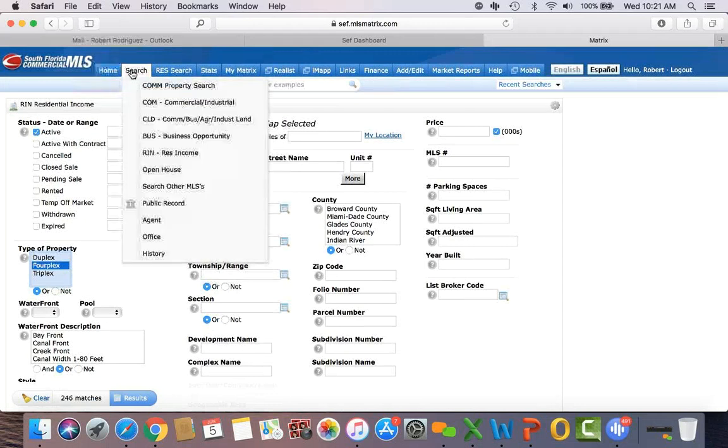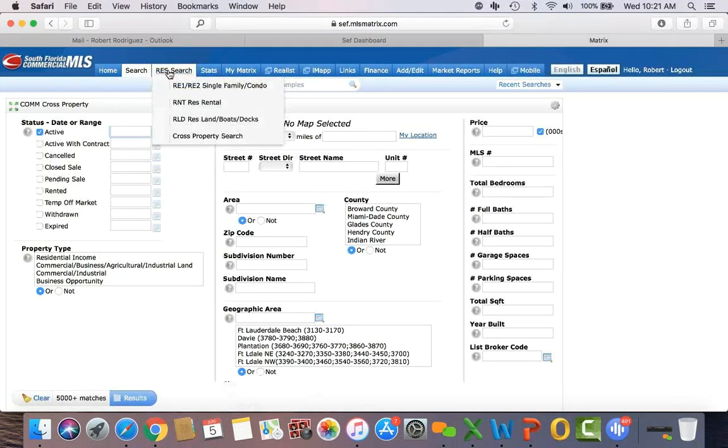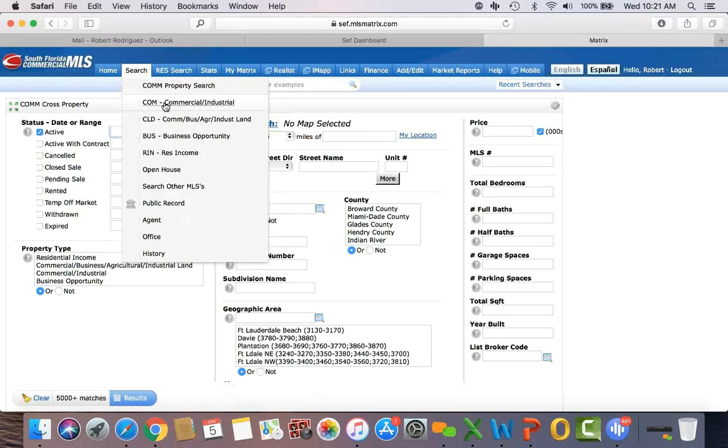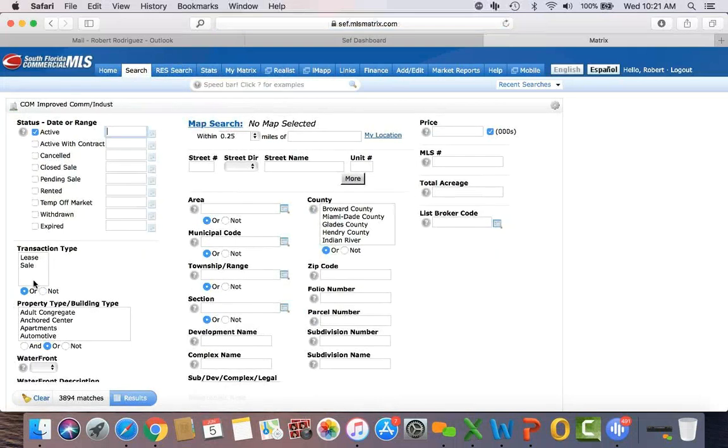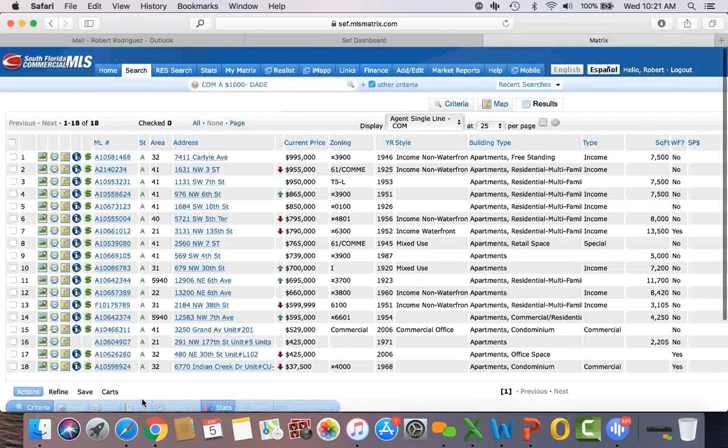All right, so what we're going to do now is that we're going to go to the commercial property search, and nope, let's go to the commercial industrial right here, and let's do for sale, and we're going to click on an apartment building in Miami-Dade County, and let's do less than $1 million, and then we have about 18.